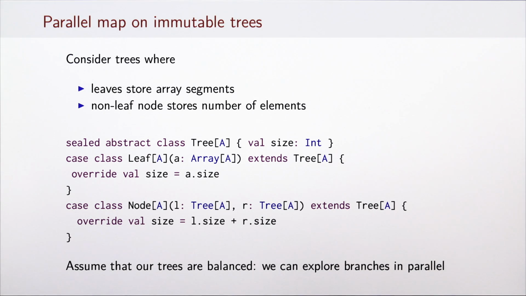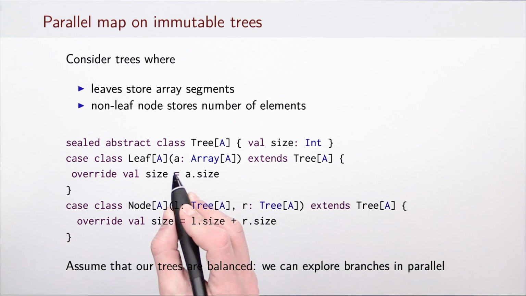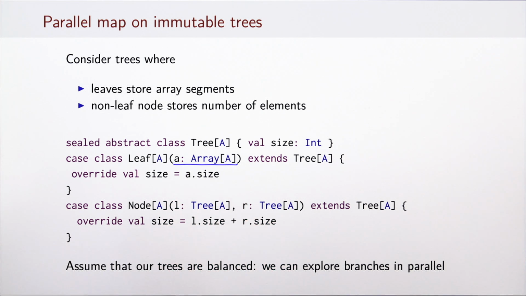Now that we have seen parallel map on arrays, let's look at implementing parallel map on trees. We will consider trees whose leaves store array segments and whose non-leaf nodes contain references to the left and right subtree.